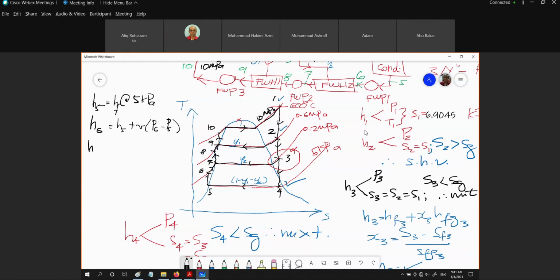Then H7. H7 is equal to HF at 0.2 megapascal. H8 is equal to H7 plus VP8 minus P7.